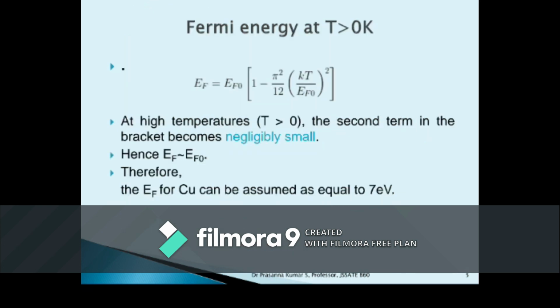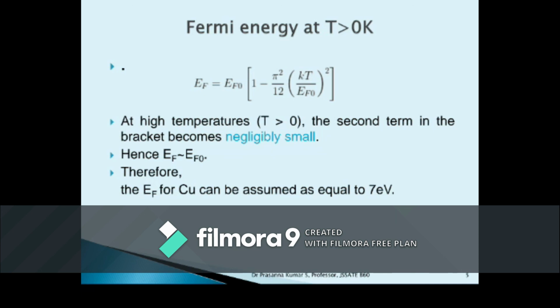And again, you know that the above expression for EF is at 0 K. But if you extend to temperatures beyond 0 K, you will get this expression: EF is equal to EF naught within square brackets 1 minus pi square by 12 kT by EF naught squared.